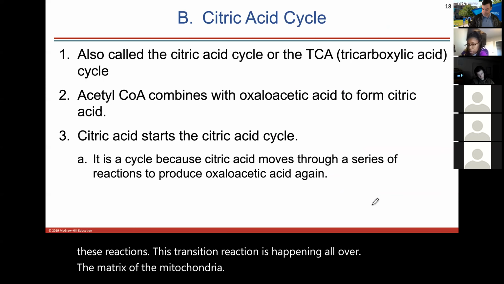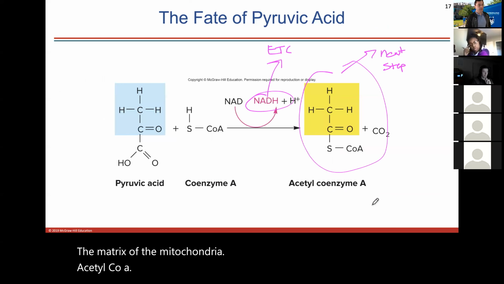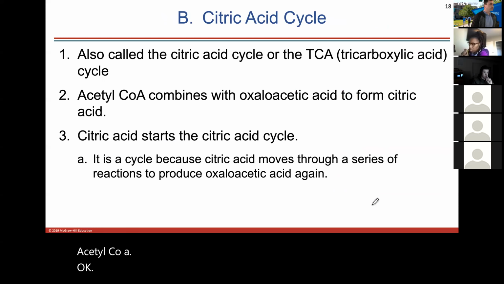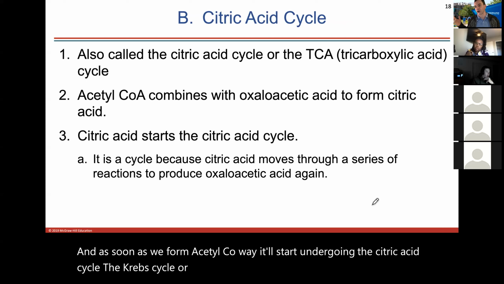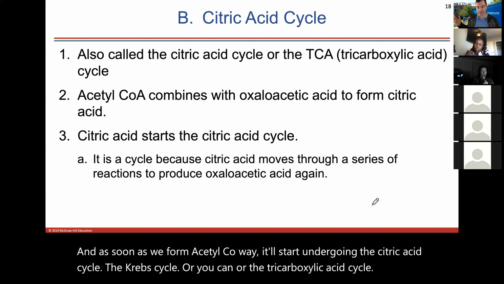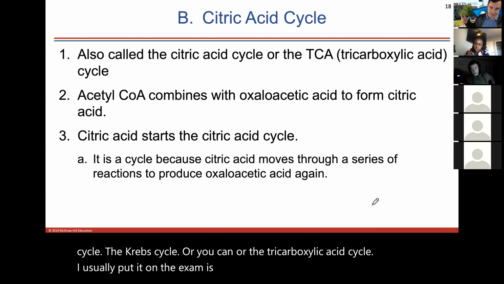Acetyl-CoA enters into the picture here. And as soon as we form acetyl-CoA, it'll start undergoing the citric acid cycle, the Krebs cycle, or the tricarboxylic acid cycle. I usually put it on the exam as either the citric or the Krebs.